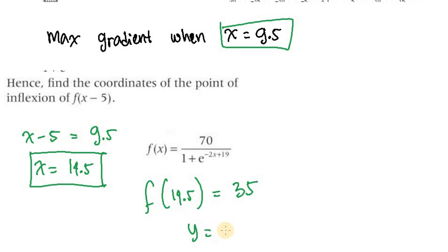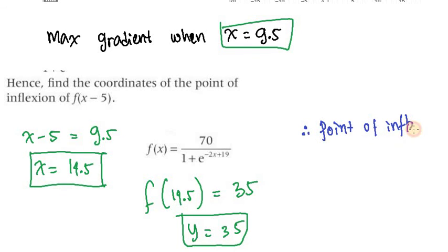So y equals 35. So the point of inflection is (14.5, 35). Yeah, I think that's it for our discussion for question number 8.